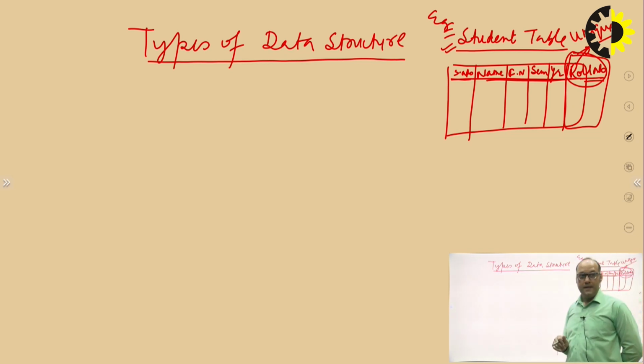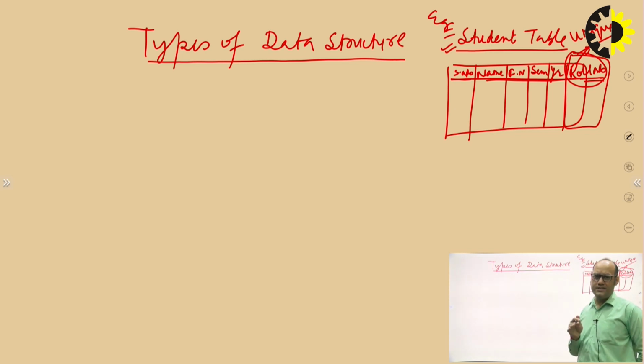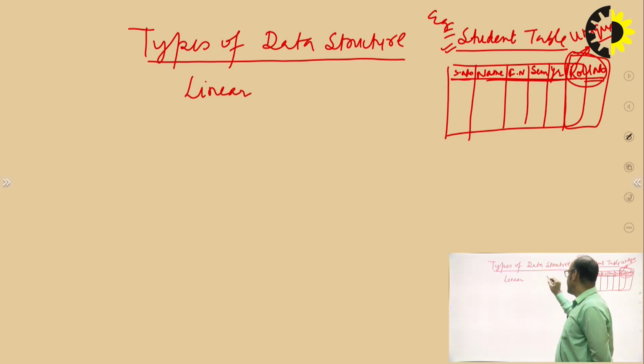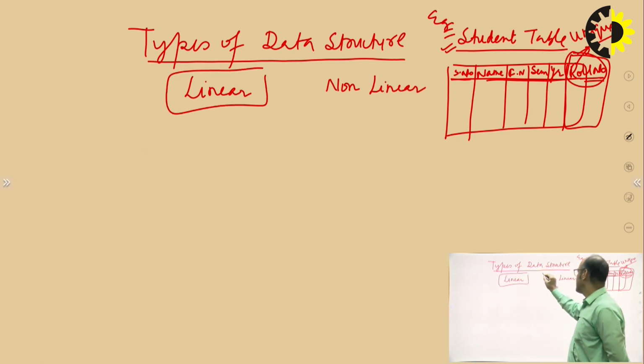So now I am elaborating on the different types of data structure, right? Basically, data structure can be divided into two types: linear and non-linear. Linear data structure and non-linear data structure.